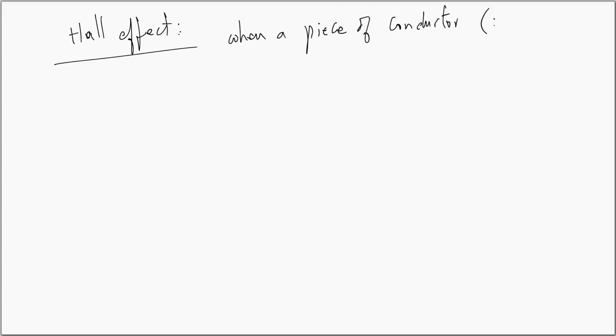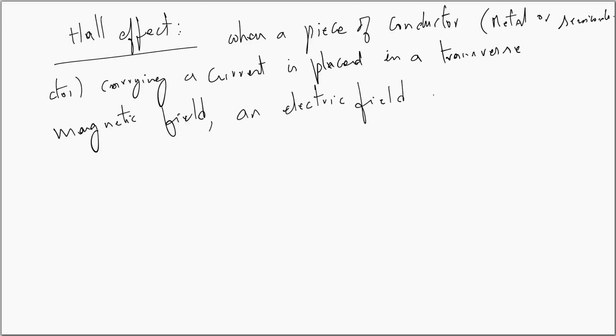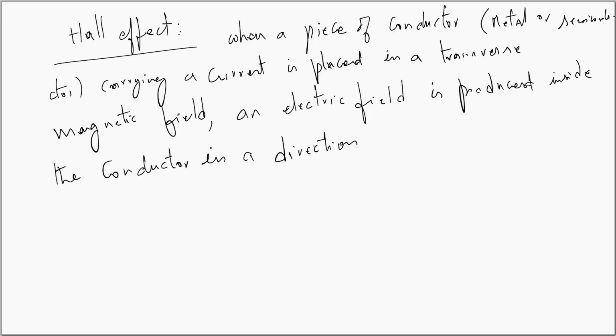The definition goes this way. The Hall effect: when a piece of conductor, metal or semiconductor, carrying a current is placed in a transverse magnetic field, an electric field is produced inside the conductor in a direction normal to both the current and the magnetic field.